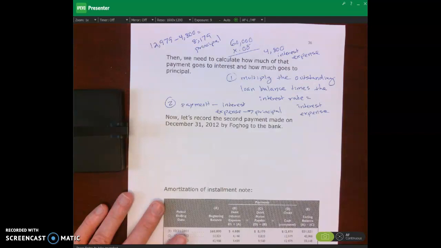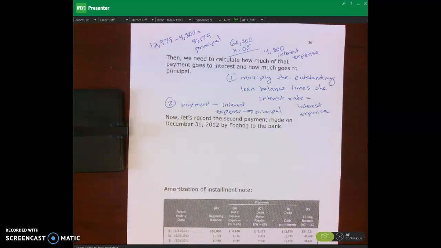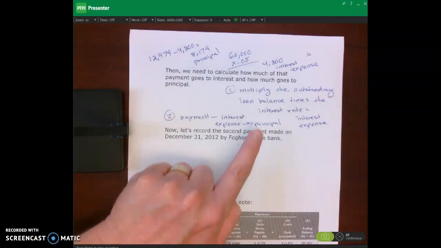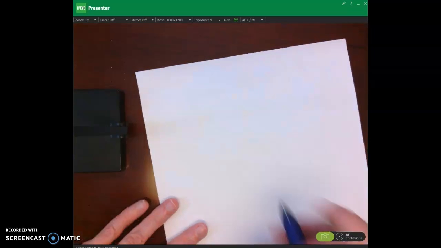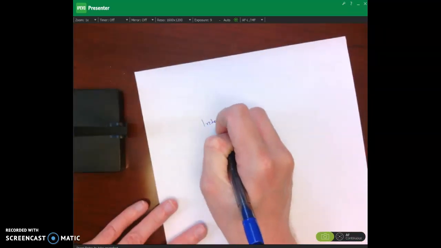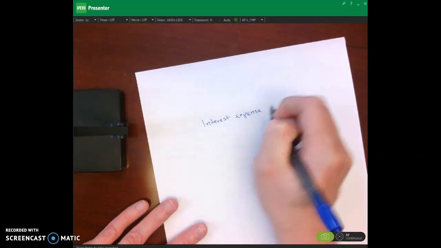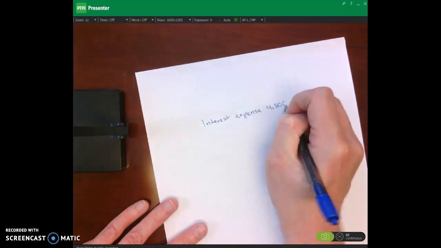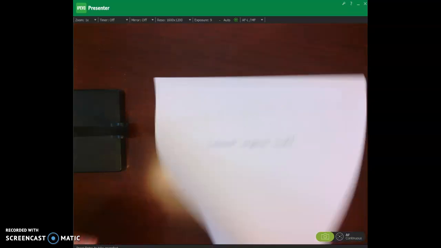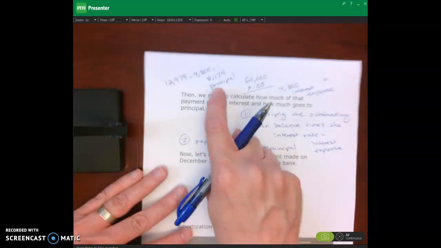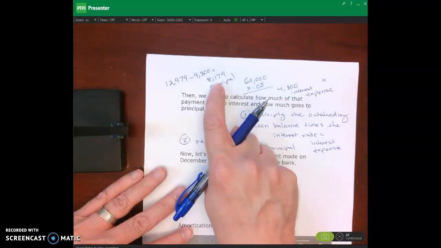Okay? So in terms of our journal entry, I'm going to flip the page over to do this. To record our interest expense, I will debit interest expense for $4,800. And then to record this decrease to principal, right? This is how much I'm going to decrease principal by, which is the outstanding note payable.